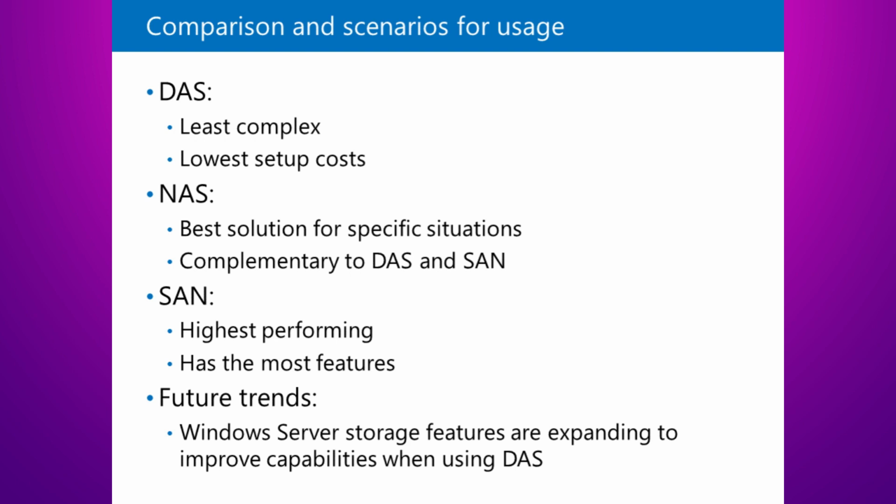Future trends. With each new version of Windows Server, Microsoft is making Windows Server with DAS a more competitive option compared with SAN storage. Windows Server 2012 introduced storage spaces to provide redundancy for DAS without requiring a RAID controller. However, we recommend that you use a caching controller for performance.